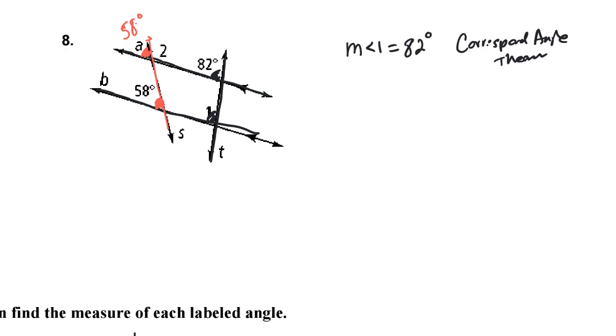So to find the measurement of angle 2, it's going to be 180 minus 58. So in this case, it's going to be 122, because this angle and this angle form a linear pair. And we know that linear pairs are supplementary, so by definition, the reason would be that they're a linear pair.